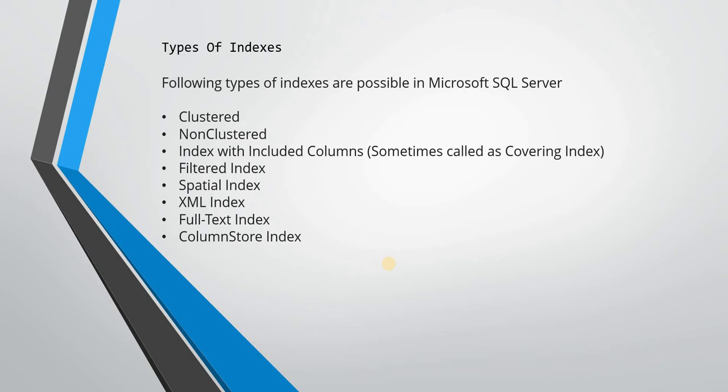For example, if you have a very small amount of data in the table, such as master tables like status records, then it is always good to keep it as a heap, because the SQL engine might not use the index present on that table, and then you would unnecessarily have to maintain that index. So basically, heaps are simple tables where no type of index is present.